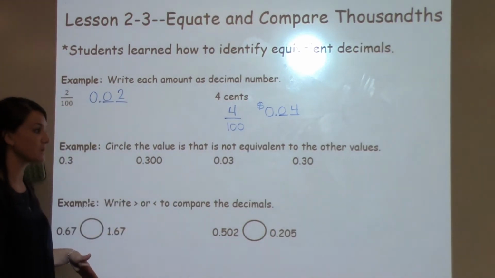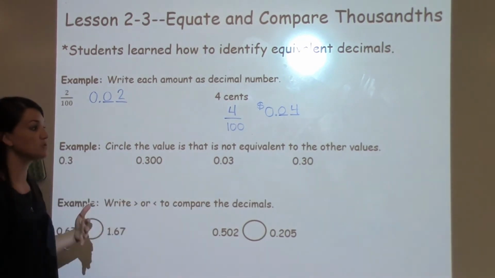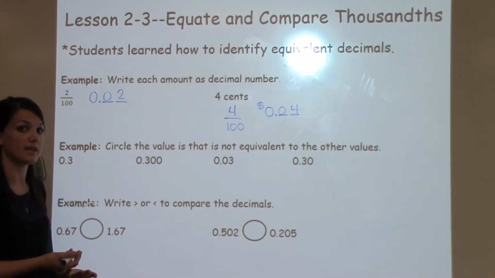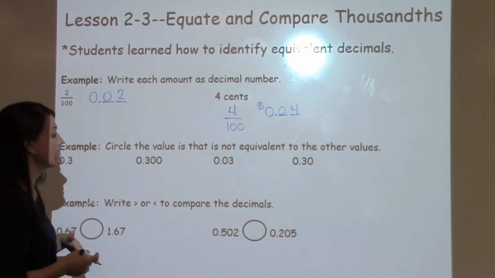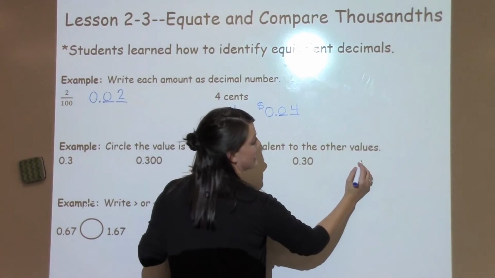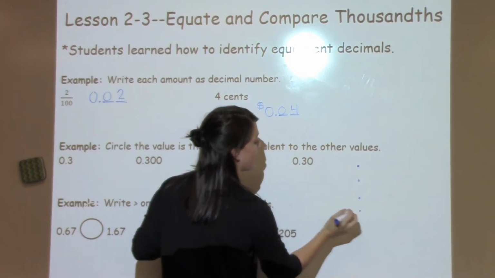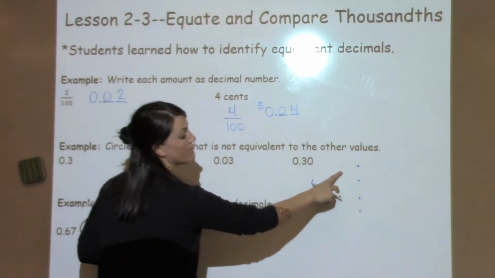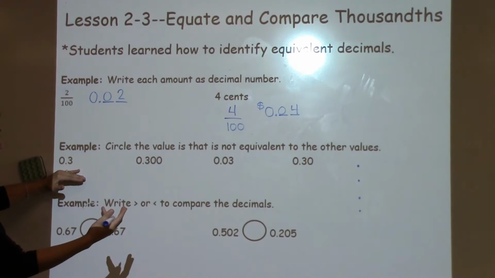Another problem that students worked more with today is looking at a long list of numbers and deciding which one is not equivalent or equal to the other values. So one strategy that we showed yesterday that we're going to show again today is lining up those decimal points and those numbers. So I have 4 different numbers, so I'm going to line up 4 decimal points. I'm then just going to place my numbers with those decimal points.